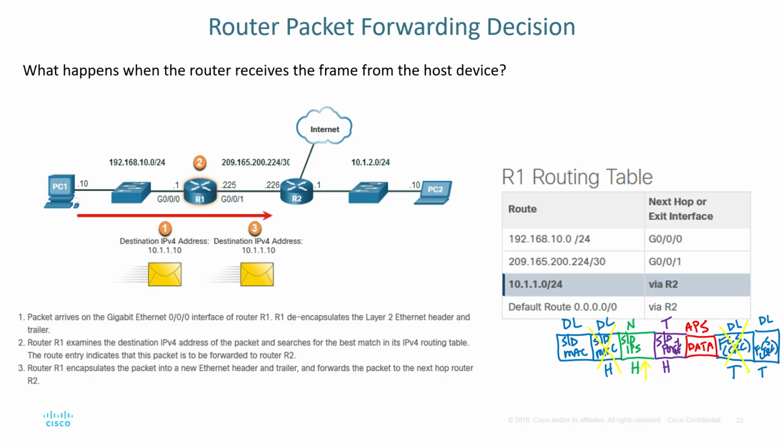I need every piece of information. If I am missing one, that packet is dropped. So after it re-encapsulates the packet into a new Ethernet header and trailer, it forwards it to the next router in line.